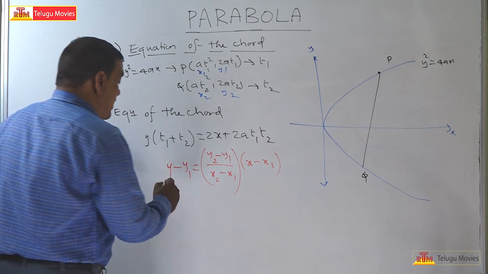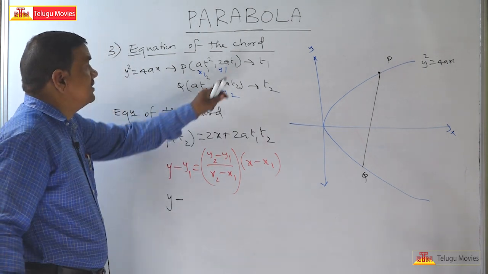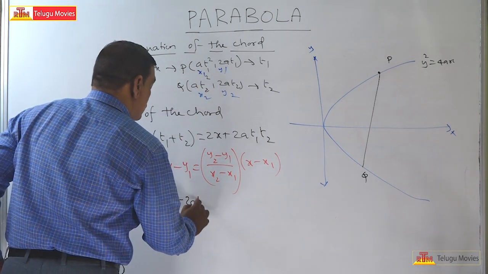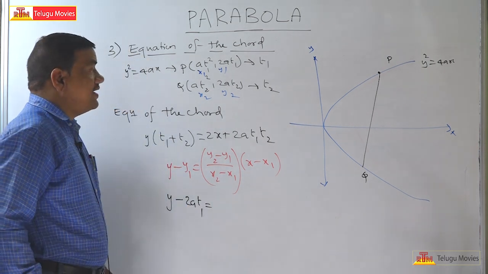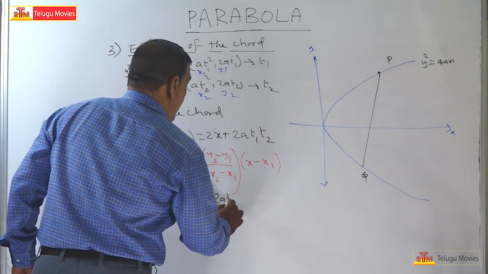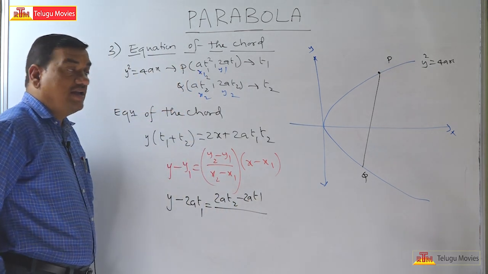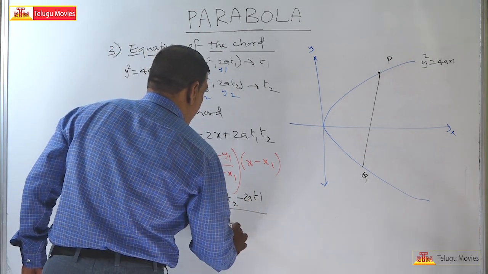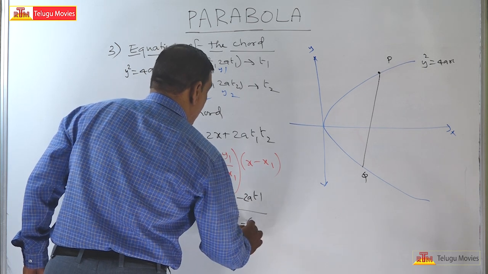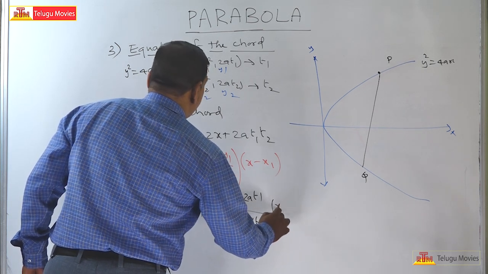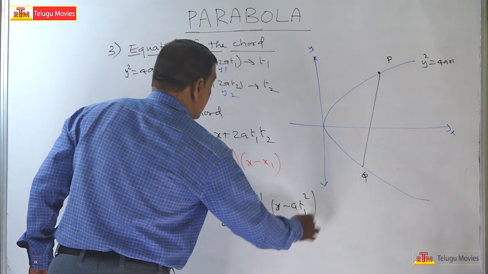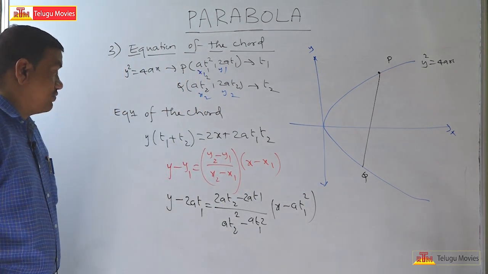So here y minus y1 means 2a t1, y2 minus y1 is 2a t2 minus 2a t1, by x2 minus x1, that means a t2 square minus a t1 square, is equal to x minus x1, x minus a t1 square.